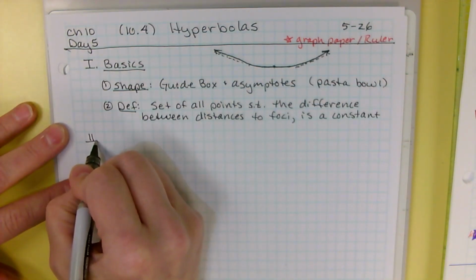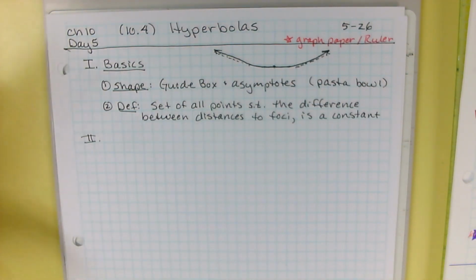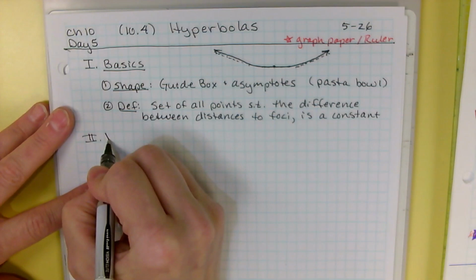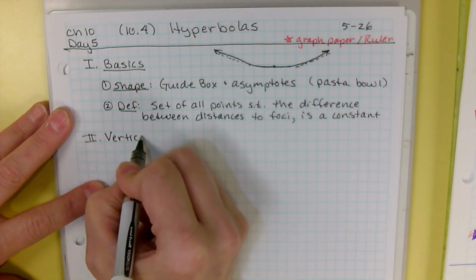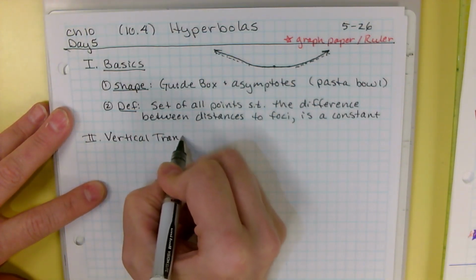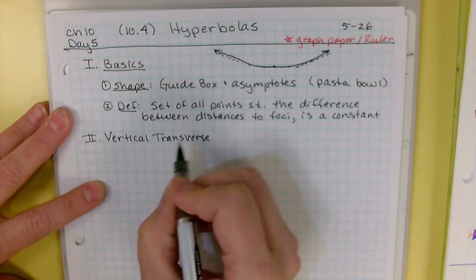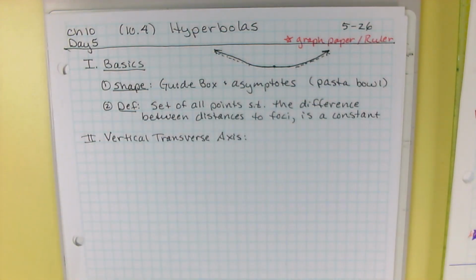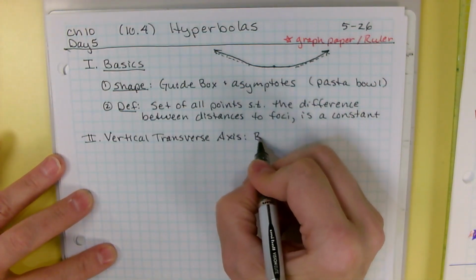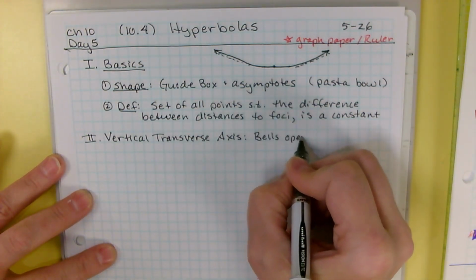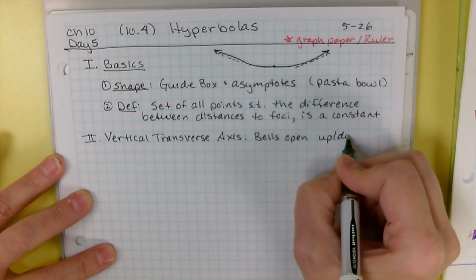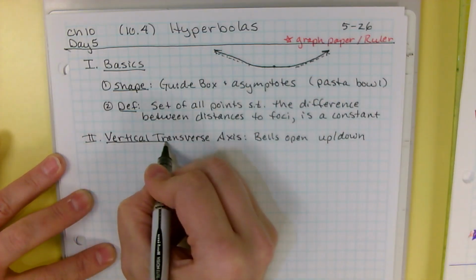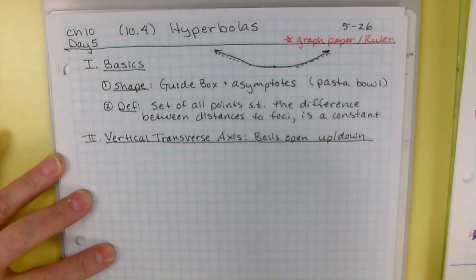All right, so Roman numeral 2. There are 2 basic sets of equations for hyperbolas. The first one is for hyperbolas with a vertical transverse axis. Basically a vertical transverse axis means that the bells open up and down.